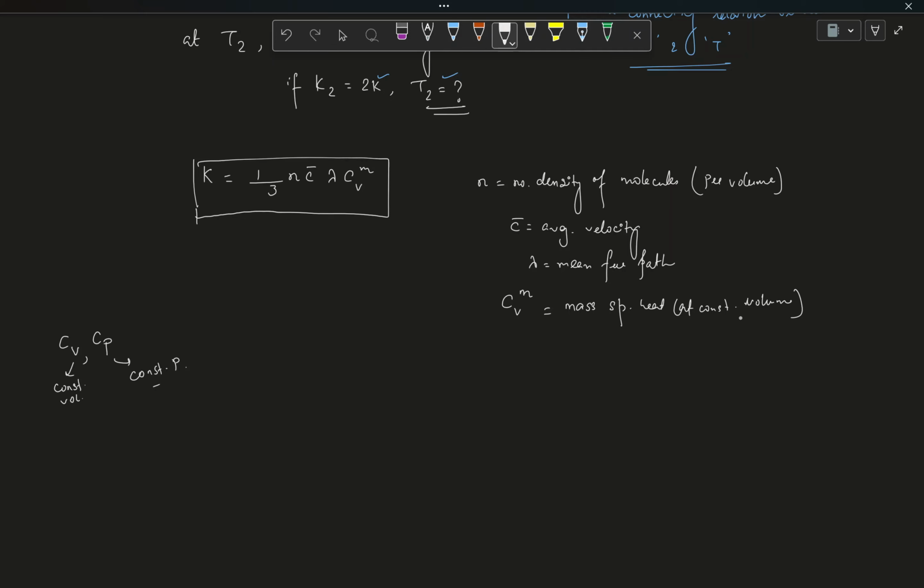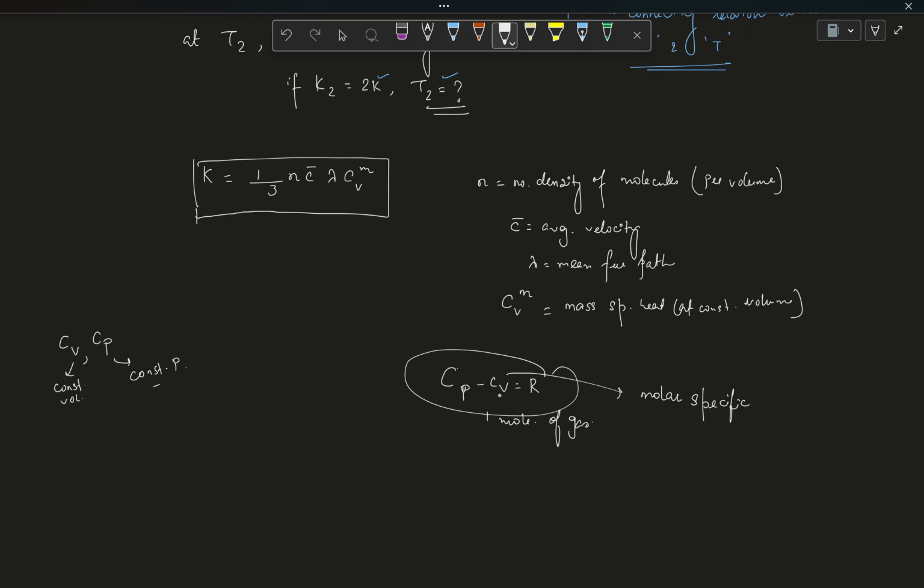What do I mean by that? The standard specific heat that we use in the ideal gas expression, like Cp minus Cv equals R, is predefined for 1 mole of gas, so this is the molar specific heat, corresponding to 1 mole of the gas.